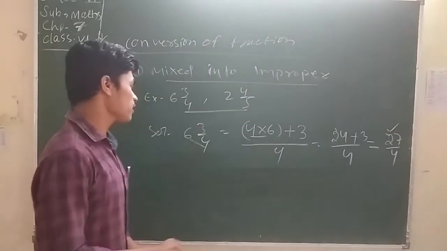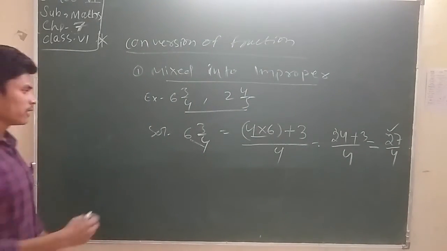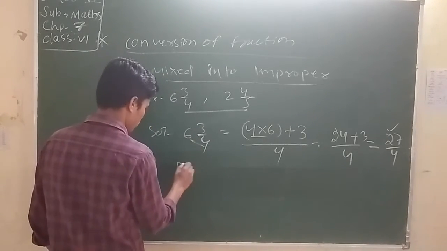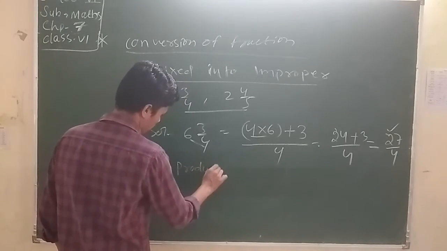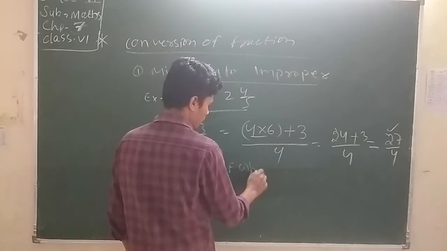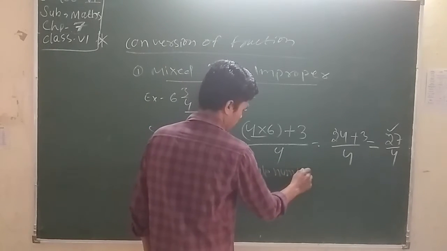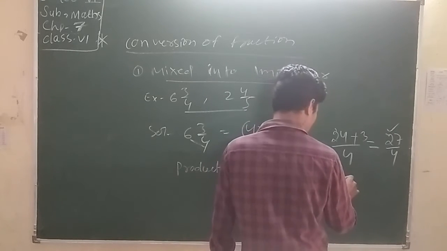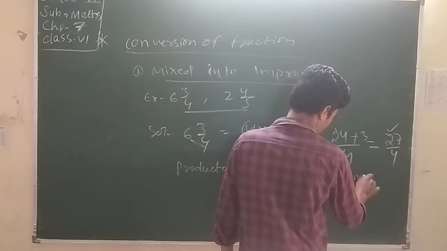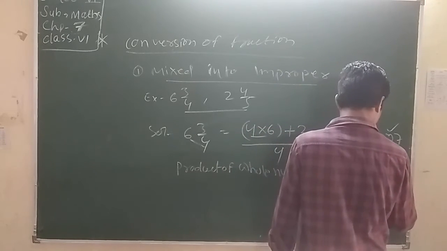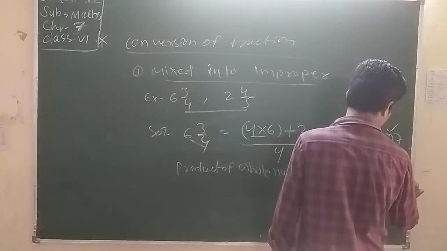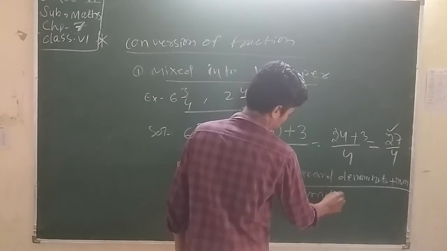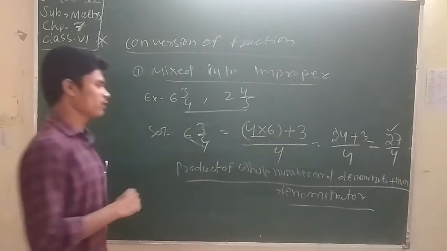How does it convert, you know? What is the rule of conversion? If we write it in words, it is the product of the whole number and the denominator, plus the numerator, by the denominator.